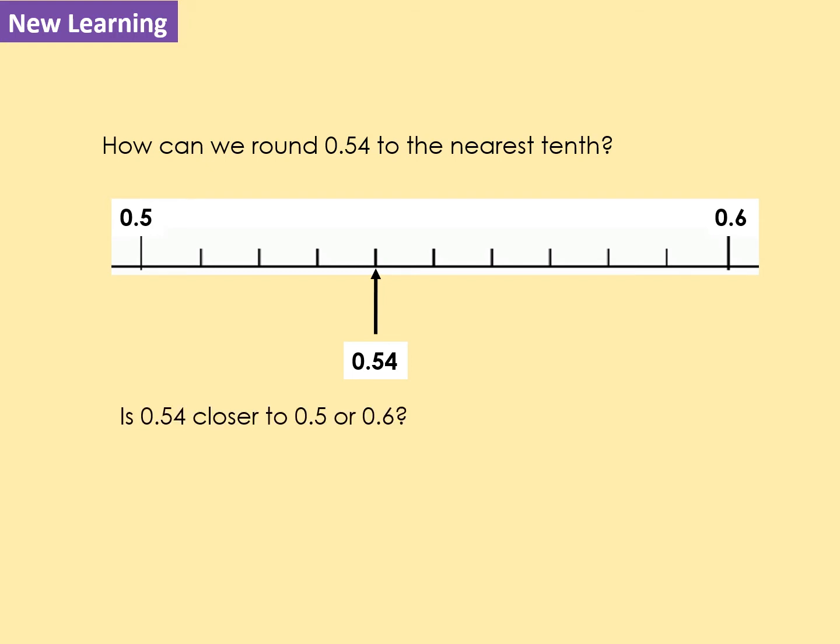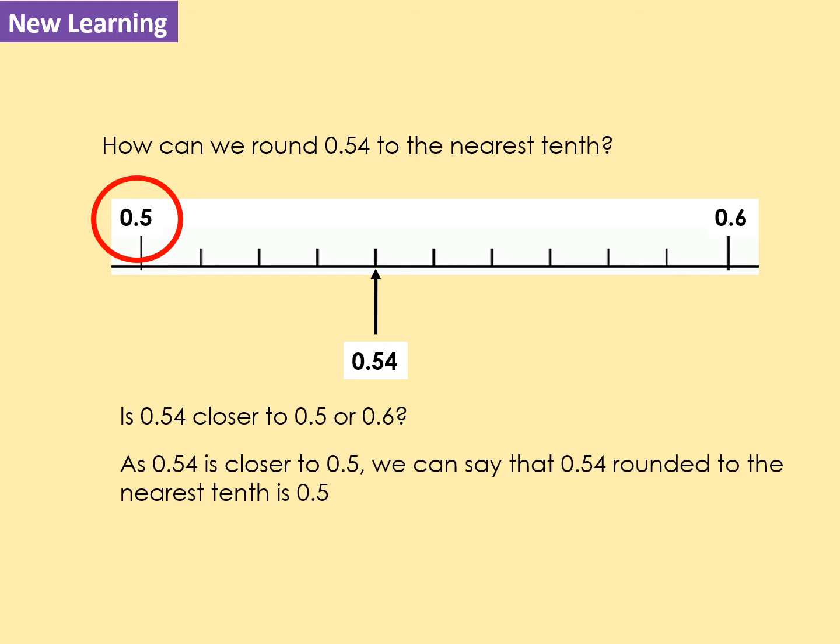Now I need to think, is 0.54 closer to 0.5 or is it closer to 0.6? As you can see, it's closer to 0.5. Therefore, we can say that 0.54 rounded to the nearest tenth is 0.5. That's also, you can say, rounded to 1 decimal place.